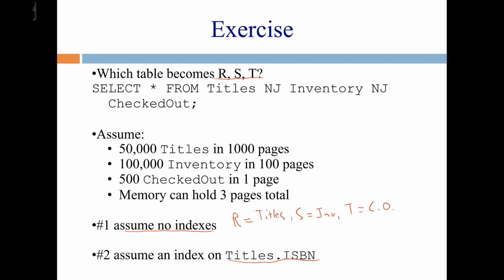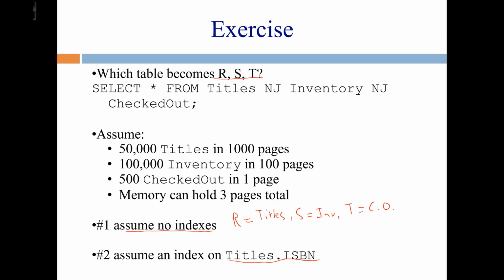That way we kind of reduce the amount of thrashing by putting the table that fits in 1 page on the inside. And we'll end up with, for the titles table, where that's the outer loop, we just have to loop through every record once.